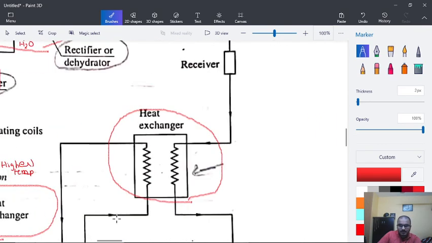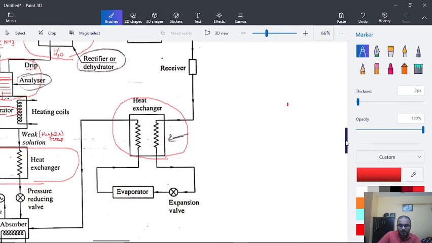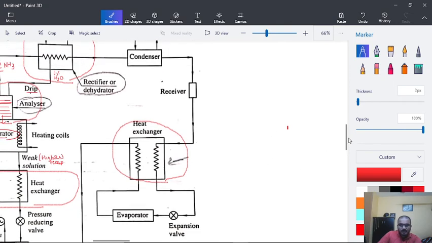And now regarding this other heat exchanger over here, it is kept between the condenser and evaporator. This will reduce the temperature of the liquid ammonia.